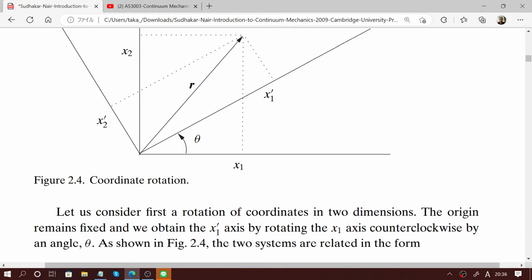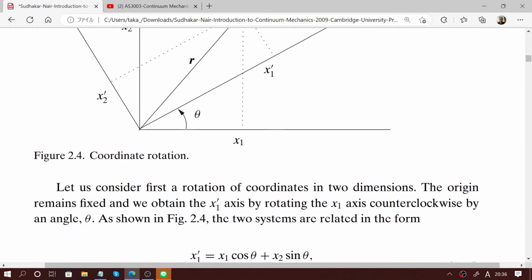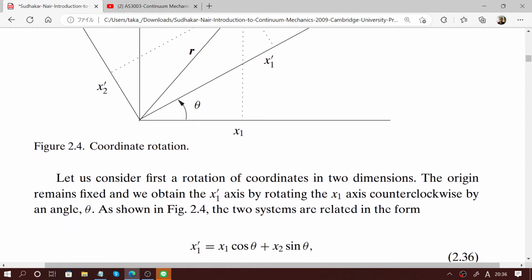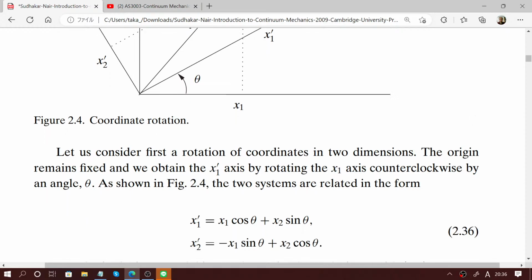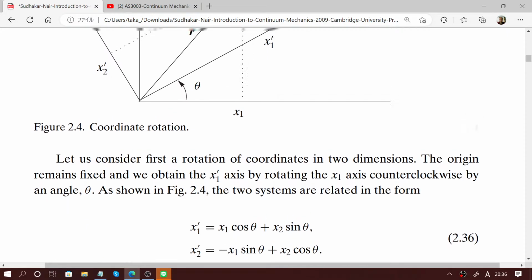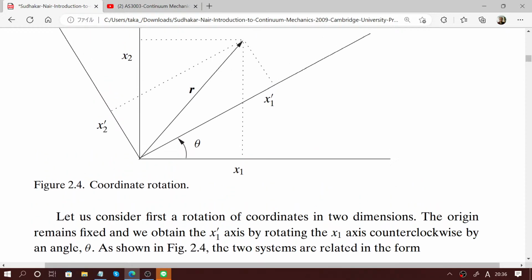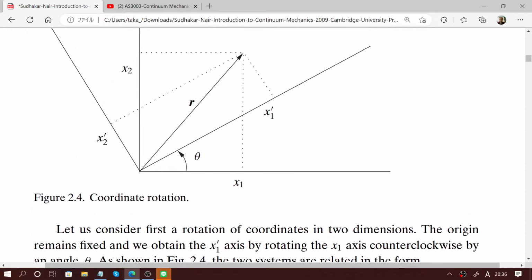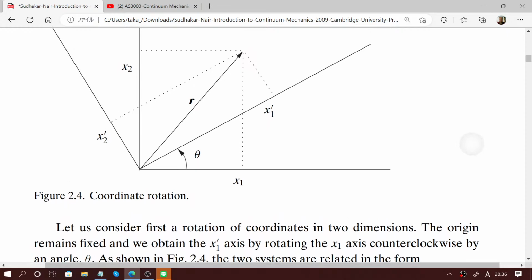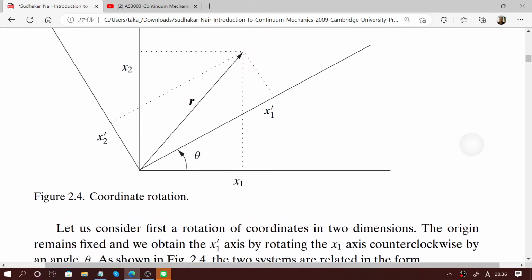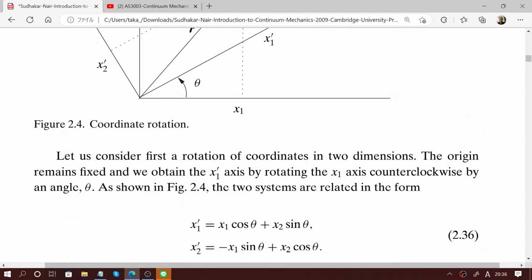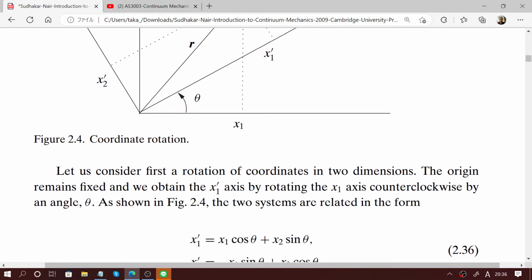As shown in figure 2.4, the two systems are related in the form x prime 1 is x1 cosine theta plus x2 sine theta.